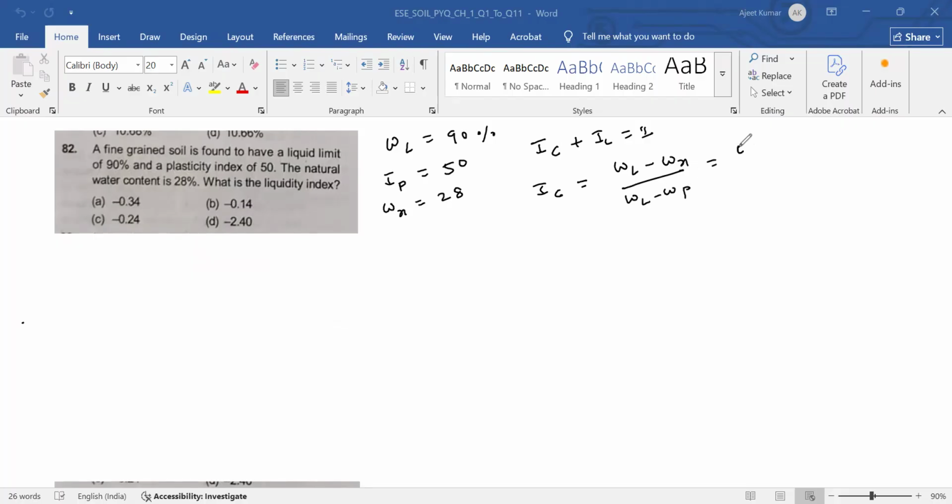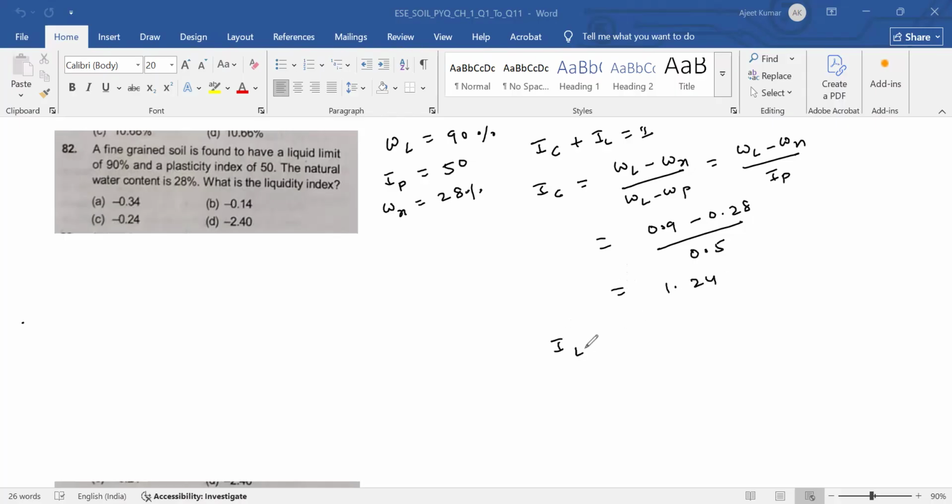WL minus WP is nothing but plasticity index IP, and WL is 90%, so 0.9 minus WN, which is 28%, 0.28, divided by IP, which is 0.5. Taking the ratio of these two, 0.9 minus 0.28 divided by 0.5, this is 1.24.